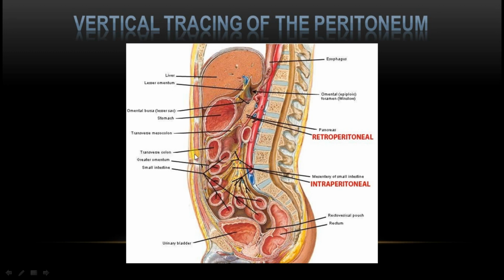Between the liver and the umbilicus, there is a sickle-shaped fold of peritoneum which is called the falciform ligament. So it simply invests the liver, which is not so easy as I told.